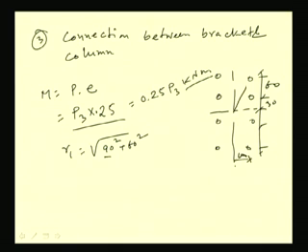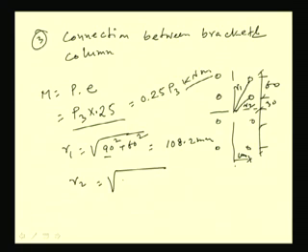If this is R1 and this is R2, then R1 is equal to 108.2 mm. Similarly, R2 can be found from 30 square plus 60 square, which is 67.1 millimeter.